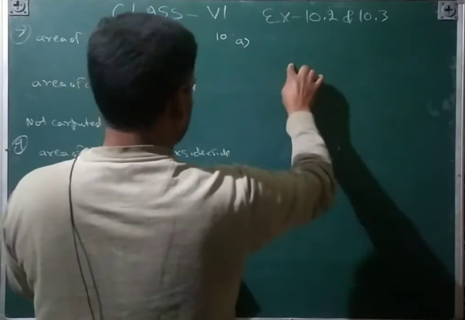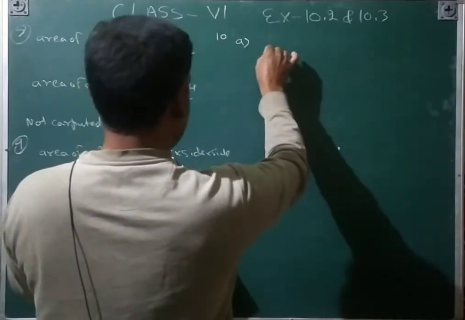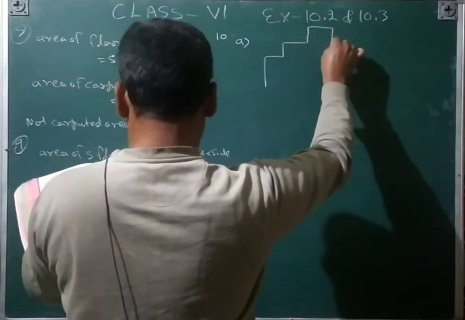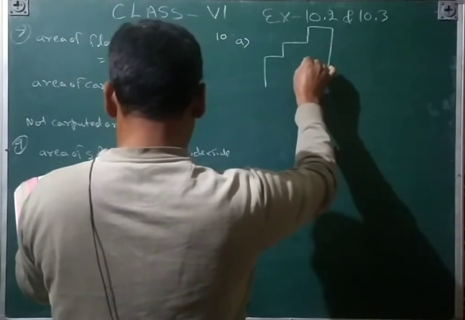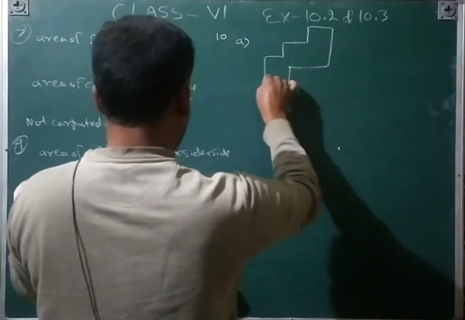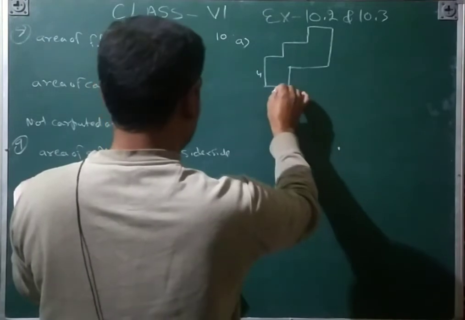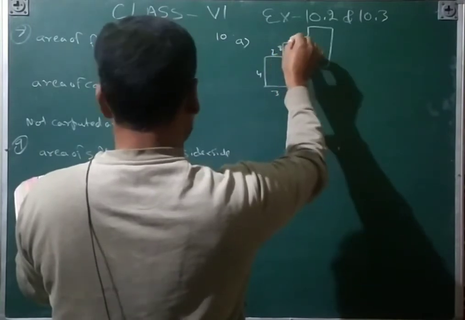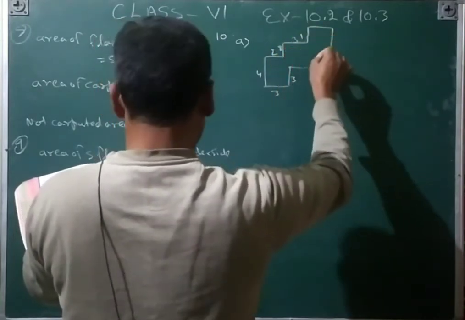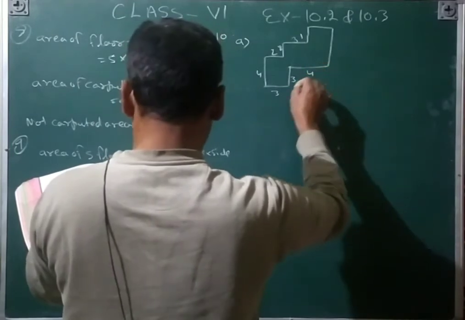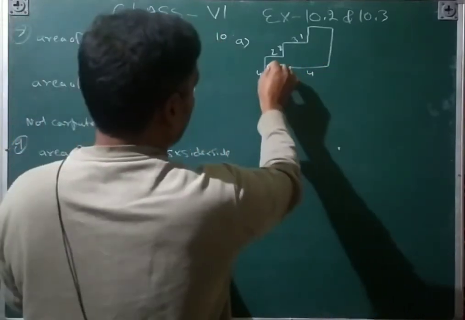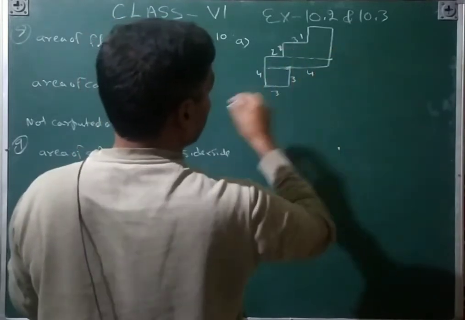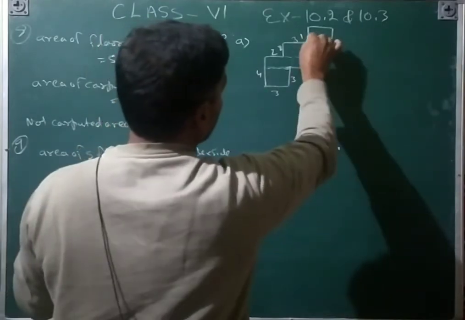See that diagram, this is the 4 3 3 2, this is also 2 3 1, that is 4. Okay, now you will join that one, and this one also, and this one also you will join that.